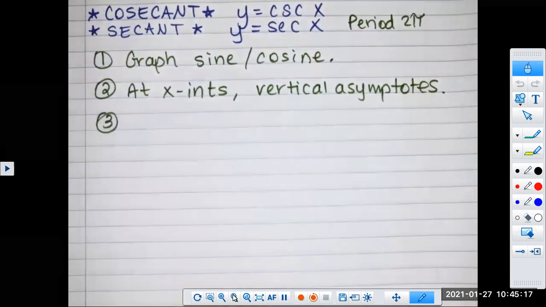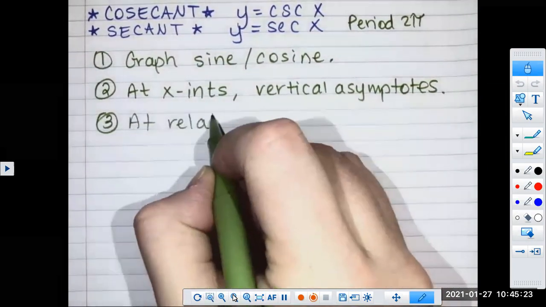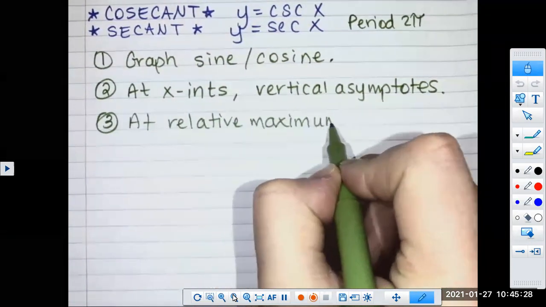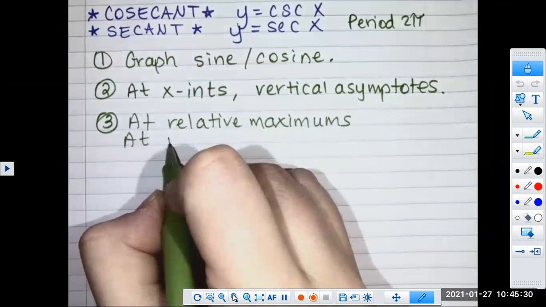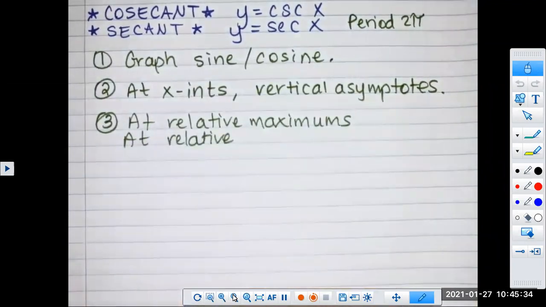Step 3. At your relative maximums and at your relative minimums on your graph, which is simply, of course, top of a hill, bottom of a hill.